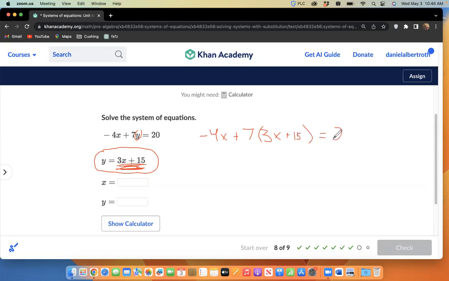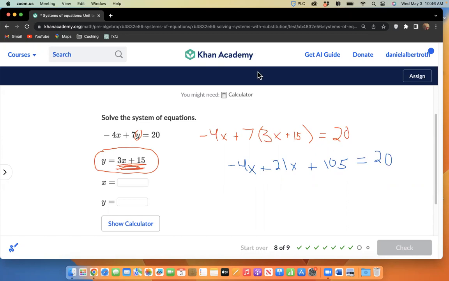This should equal 20. So solving for this now, I get negative 4x, distribute the plus 7. So 7 times 3x is 21x. 7 times 15, that's 70 plus 35, 105, equals 20.